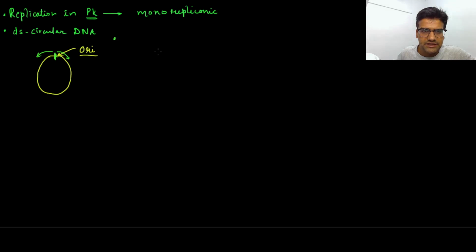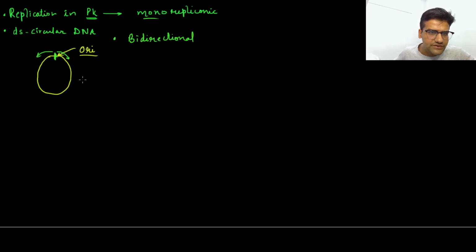This means that DNA replication in prokaryotes is bidirectional. So DNA replication is monorepliconic and bidirectional in case of prokaryotes.